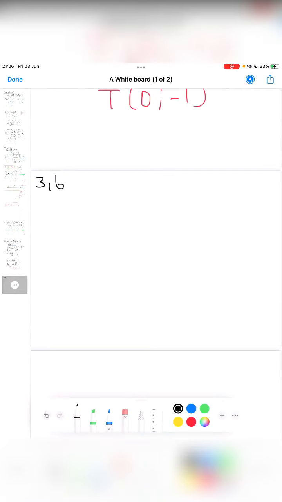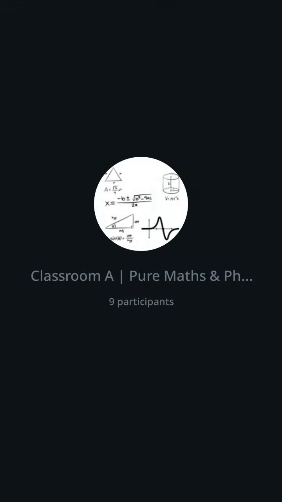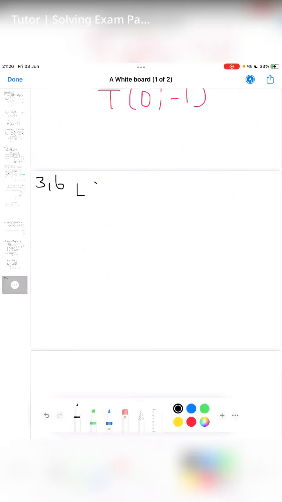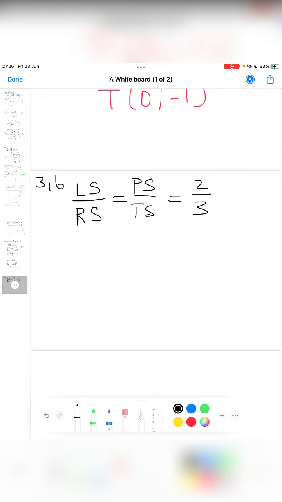So let's see, 3 point that we actually said LS over RS. This is equals to, we said it's equals to PS over TS. And we did some calculations up until we noticed that it's actually 2 over 3 there.